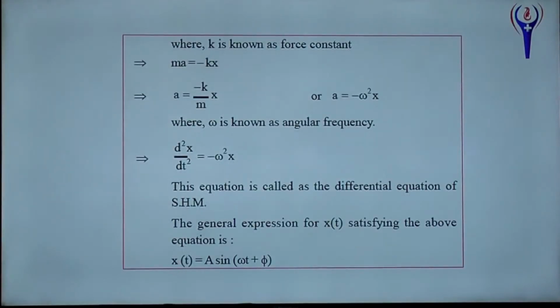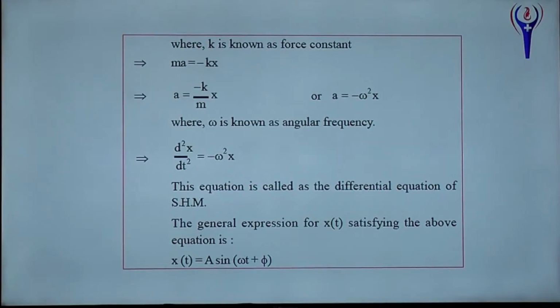See, k is a force constant, and from Newton's second law, F equal to ma. Therefore ma equal to minus kx, or a equal to minus k by m of x, and k by m equal to omega square, that is a equal to minus omega square x.